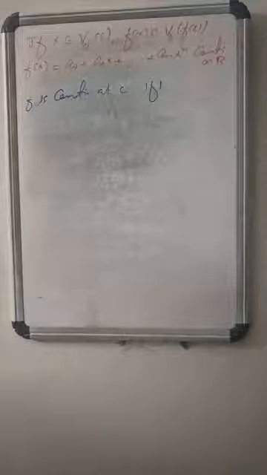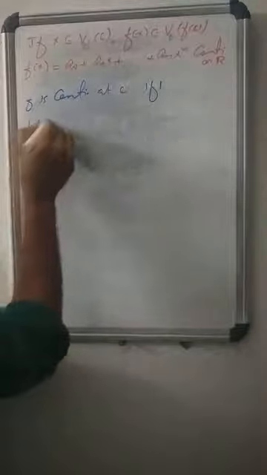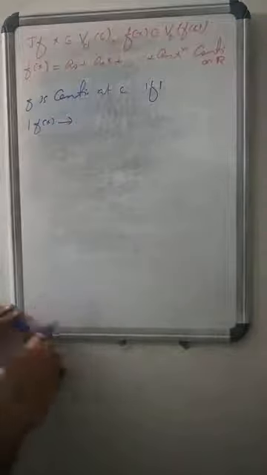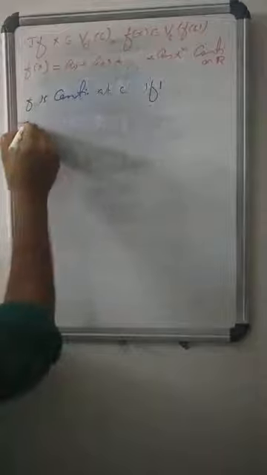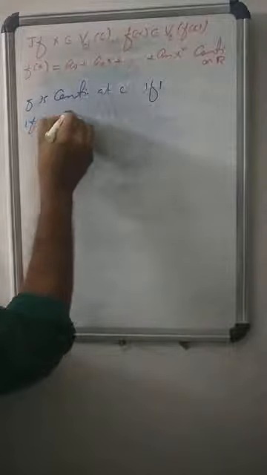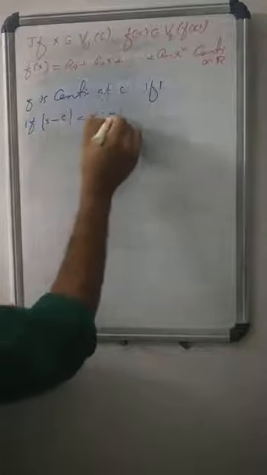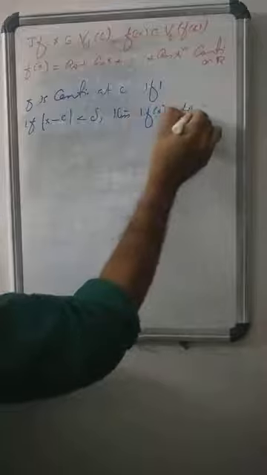How to prove this? f is continuous at c means: if |x−c| is less than delta, then |f(x) − f(c)| is strictly less than epsilon.